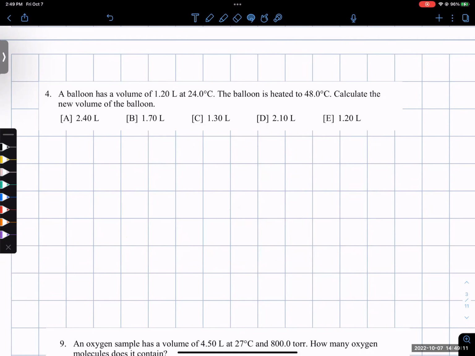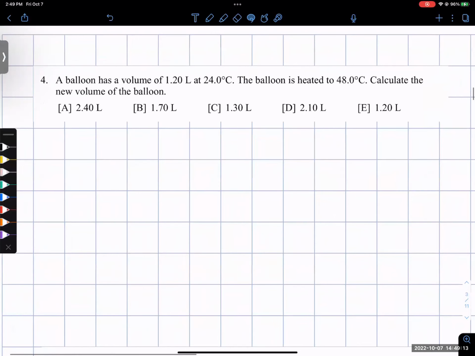Okay, so for number 4. I'll give you all a couple seconds to go ahead and start this one. Let's do 30 seconds because these are just really plug and chug type of questions, right? And this test is a lot of math, I would say.